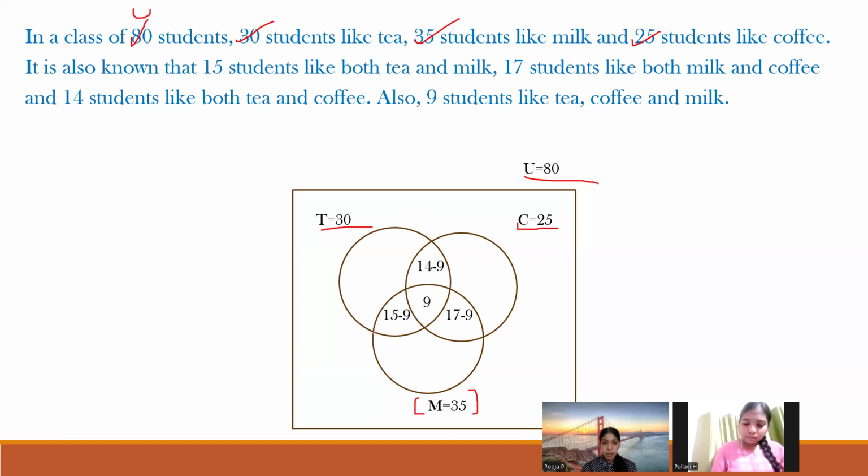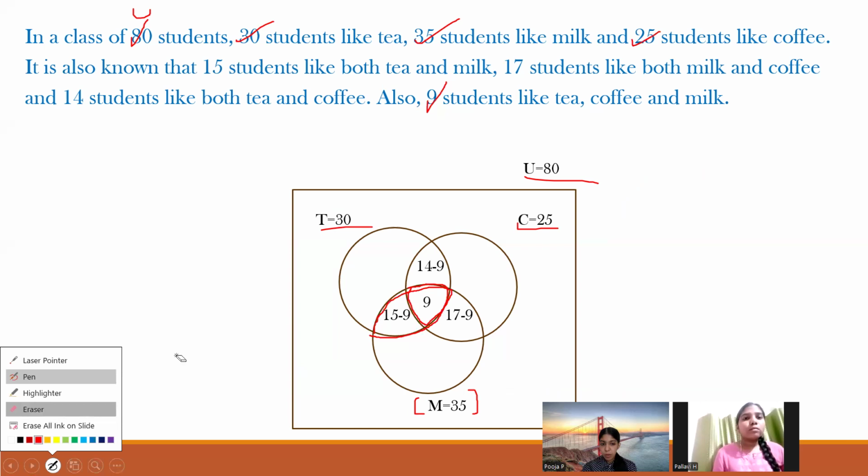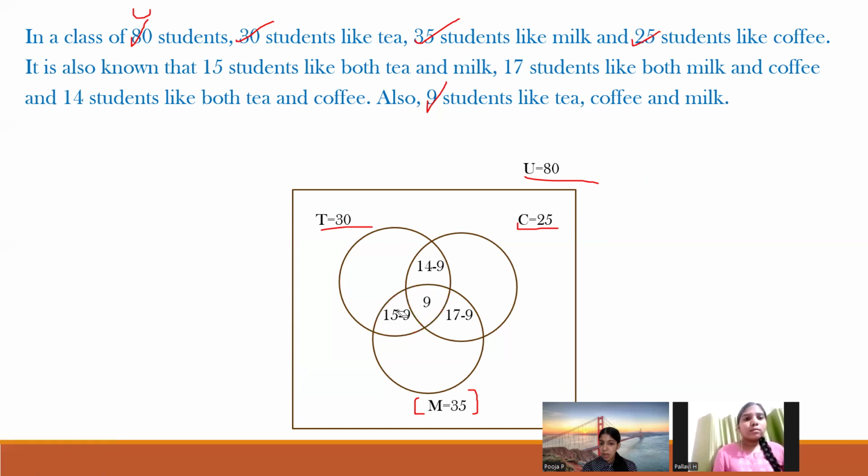So tea and milk, this entire thing should be 15. So before we come to that, we have this all the three intersection region. So that is given by 9. So among this 15, 9 are already placed here. So how many are remaining? 15 minus 9. Okay. So that is how we got this value 15 minus 9.